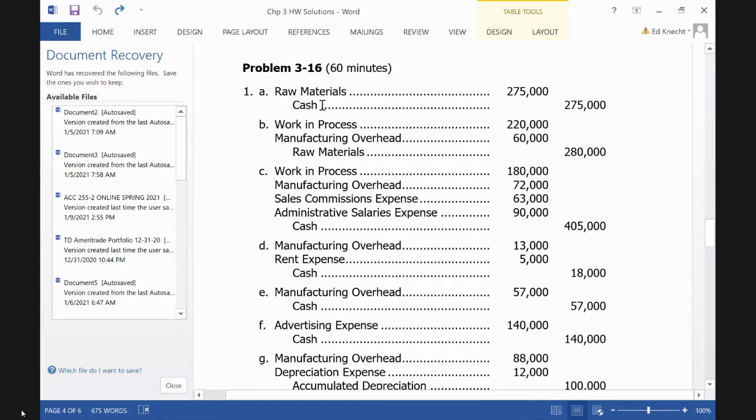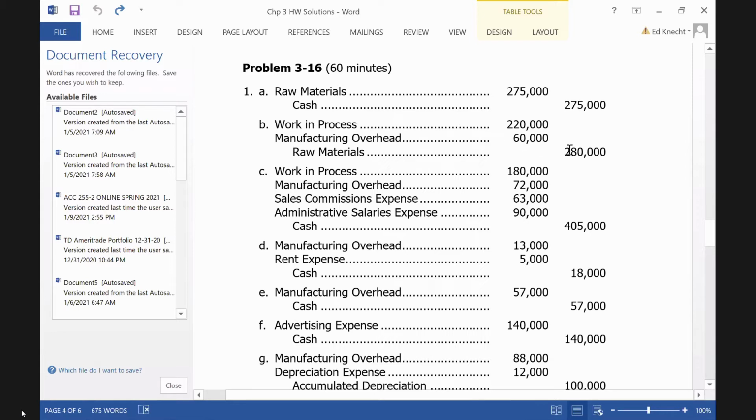In B, raw materials used in production, we used $280,000, but they broke it down. $220,000 was direct material costs. The remaining materials were indirect. So we debit work in process because that's the actual direct materials. For indirect materials, we debit manufacturing overhead.